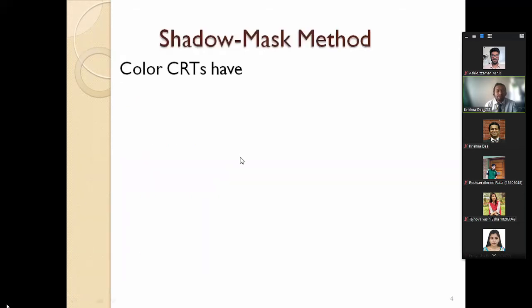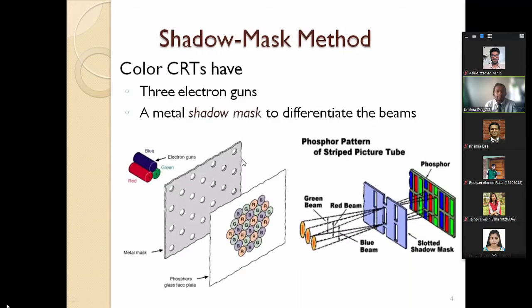If we go for the shadow mask method, as you can remember, we have 3 guns and a metal disc, and that's why it's called the shadow mask. It works like a mask, and those small holes in that metal disc help the electron beam fall exactly on the precise places on those pixels.